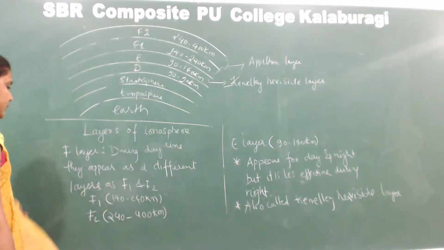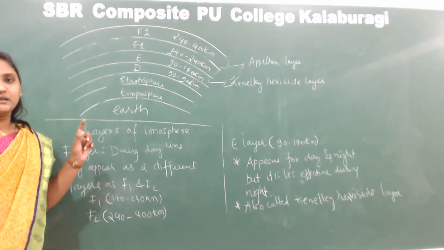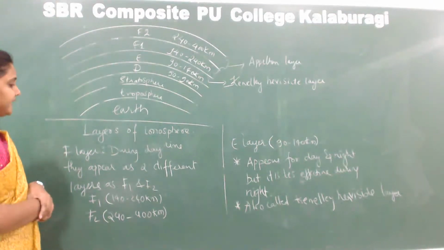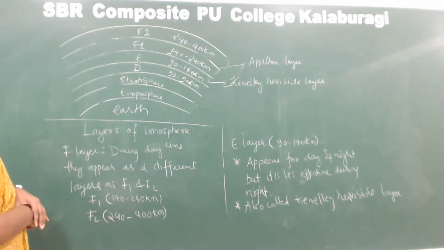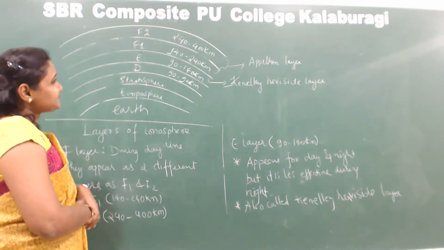But during the night time they will appear as a single layer of ionosphere. During the night time they appear as a single layer of ionosphere, right?